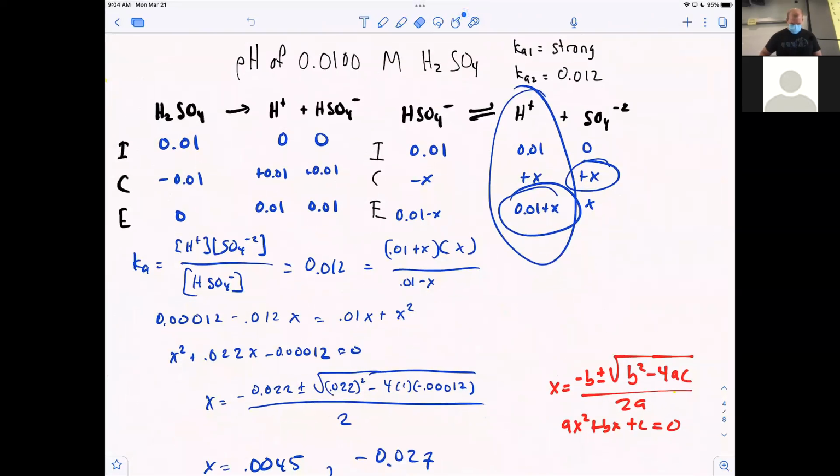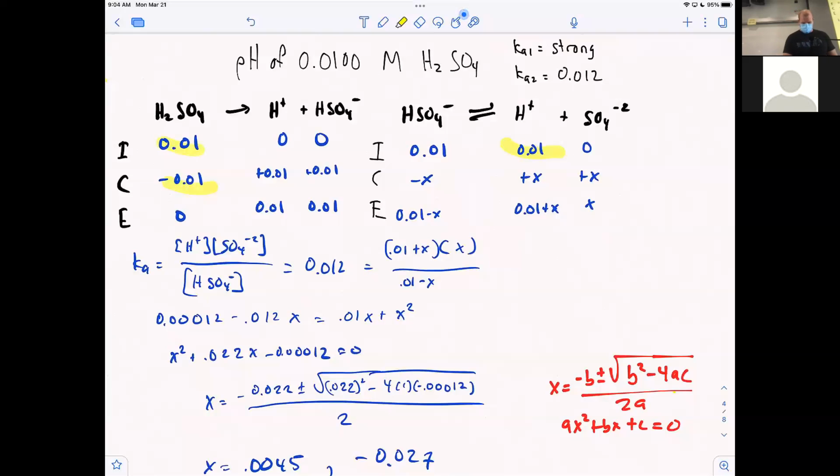So way back here, is it this change right there? No, the other one. How do you get 0.01 on the left side? That one here? Yeah, and the other ones too.